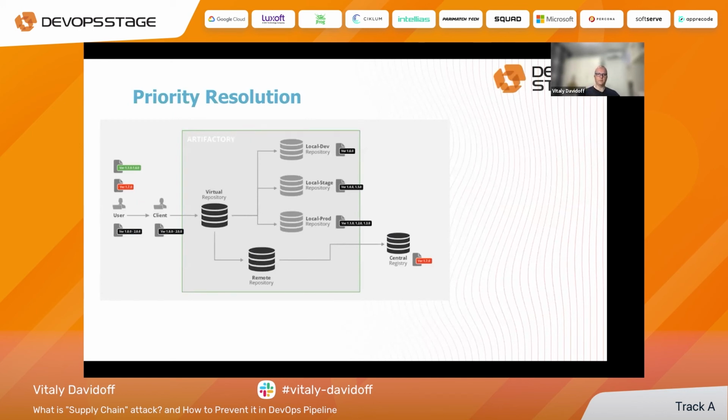And as I said, the big problem here is that artifact managers or repository managers will try to find the latest version on the remote repositories. In general, when we're using repository manager tools like GitLab, Artifactory, etc., we call them virtual repositories, because they also provide a proxy for local repositories and remote repositories.